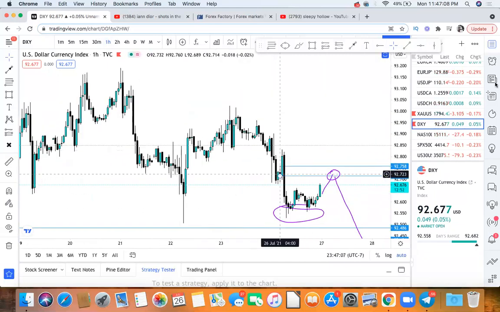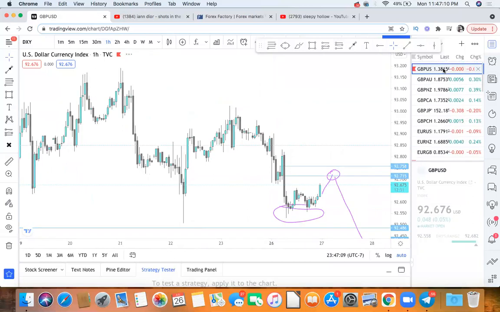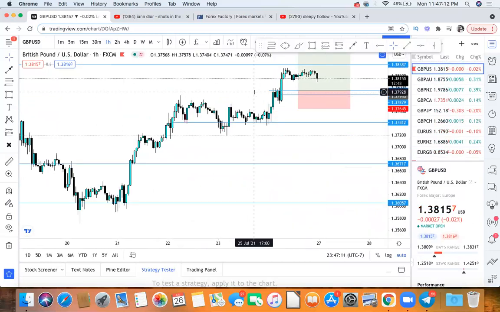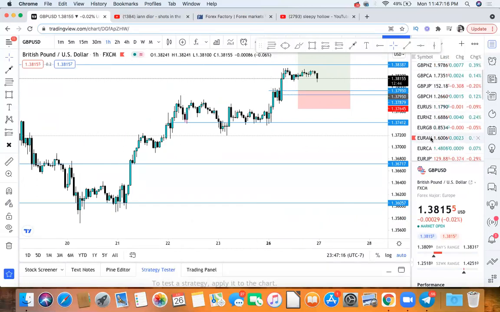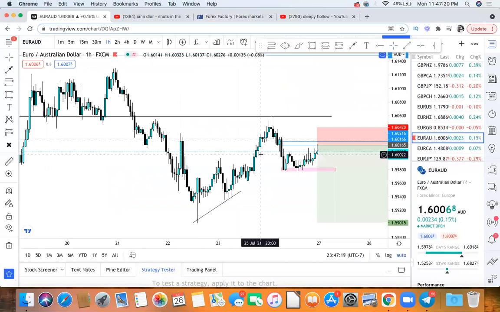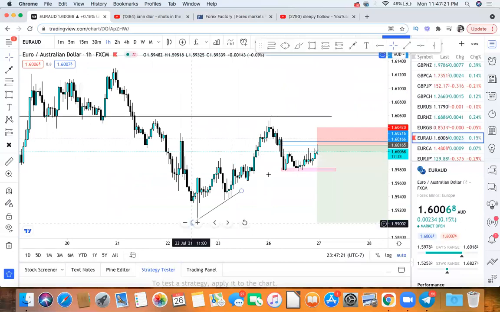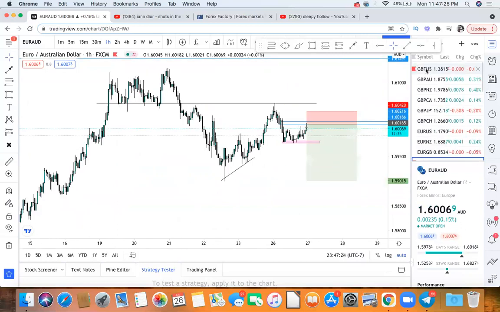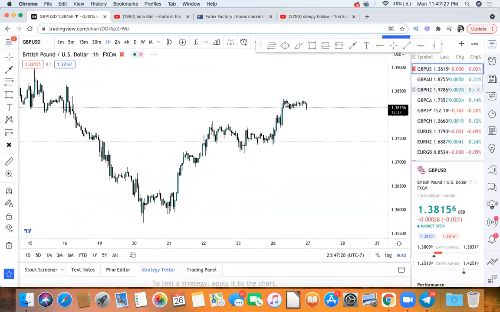Yeah, right there. That looks like GU should also be coming into it during this London session open. So right now we should just be on a short for Euro USD, which is doing good. We should be in profits for Euro USD right now. GU, we should see that activate.